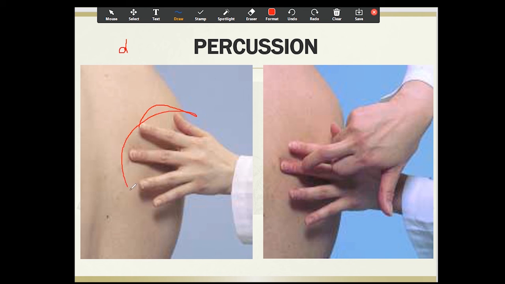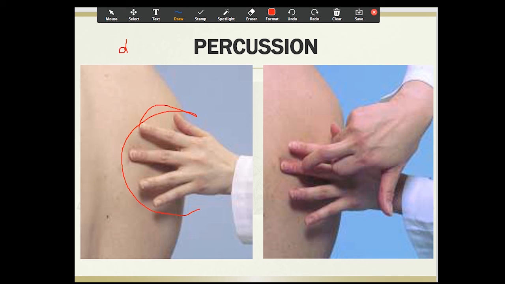But the difference with palpation: palpation, you just feel it. Percussion means tapping there with the hand. You can use fingers tapping, or you can use palm tapping.